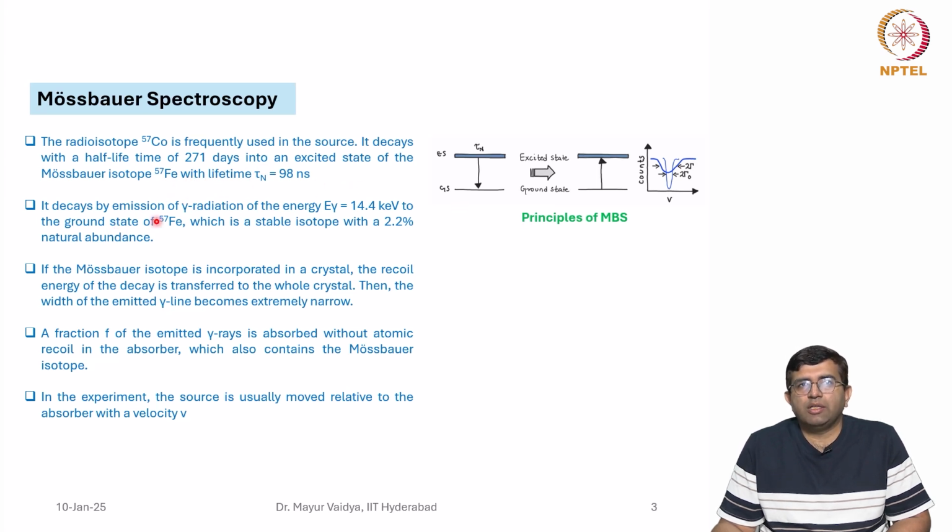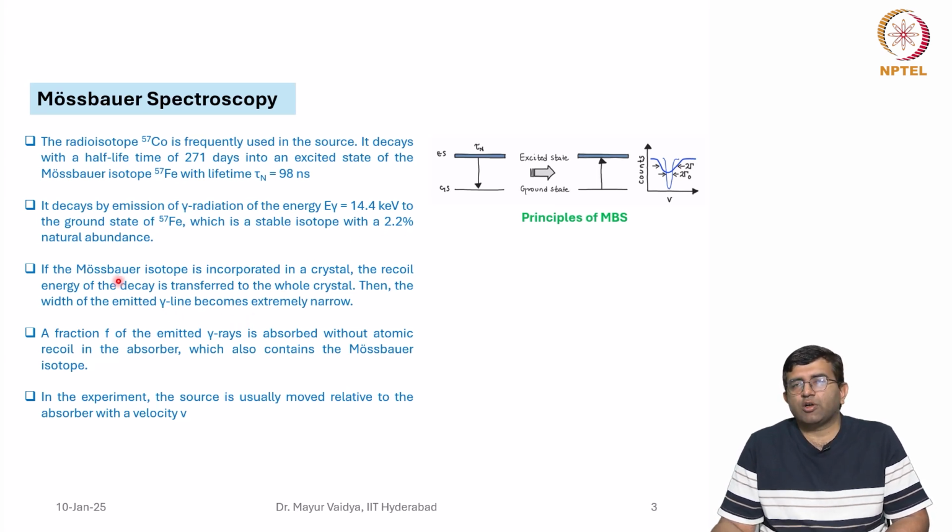And this iron 57 after this lifetime of 98 nanoseconds decays with the emission of a gamma radiation, the energy of which equals around 14.4 kilo electron volt, and then it comes to the ground state of 57Fe. 57Fe is a stable isotope with around 2.2% natural abundance.